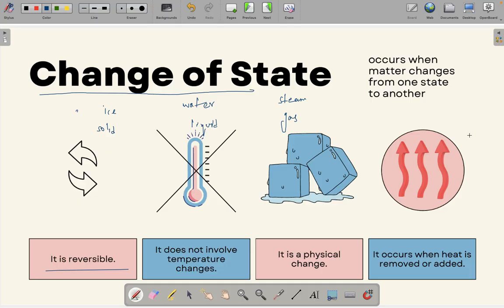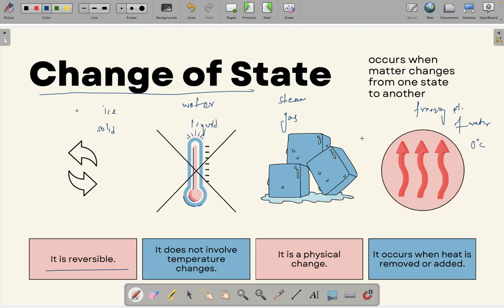So say for example, what is the freezing point of water? 0 degrees Celsius. Yeah, very good. 0 degrees Celsius. So freezing point of water means the temperature at which water becomes ice, right? Which is 0 degrees Celsius. So this is fixed. So temperature is not changing when water is freezing.